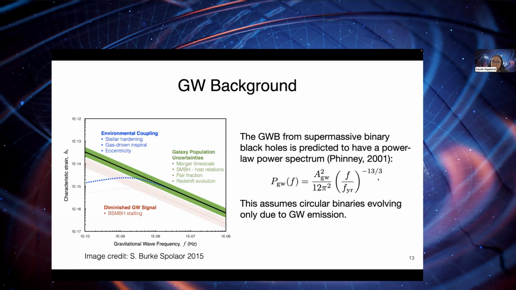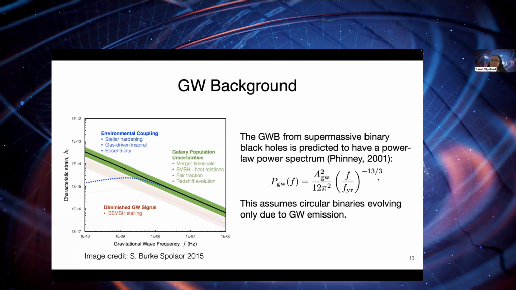If you assume that the background is comprised of gravitational waves coming from black holes in circular orbits that are evolving only due to gravitational wave emission, then you can derive analytically that the power spectrum should follow a power law, and it should go like frequency to the minus 13/3.